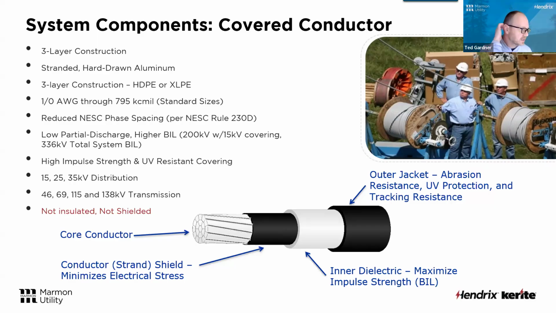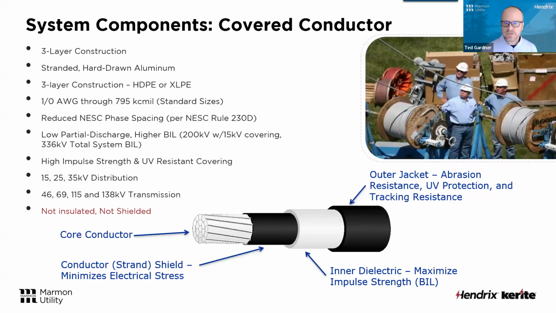We'll talk a little bit about spacer cable versus tree wire in a minute. But the core conductor can be all aluminum conductor, ACSR, or even triple AC, aluminum alloy. And then the outer jacket, like I said, is high density polyethylene, and comes in black and gray.